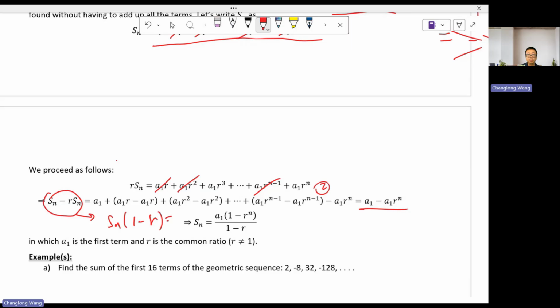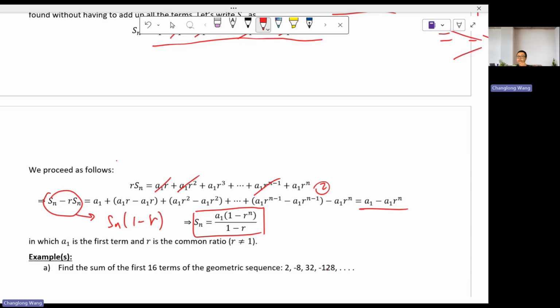And that's equal to A sub 1 minus A sub 1 times R to the n, divided by 1 minus R, and there you get the summation formula for the nth partial sum of a geometric sequence.